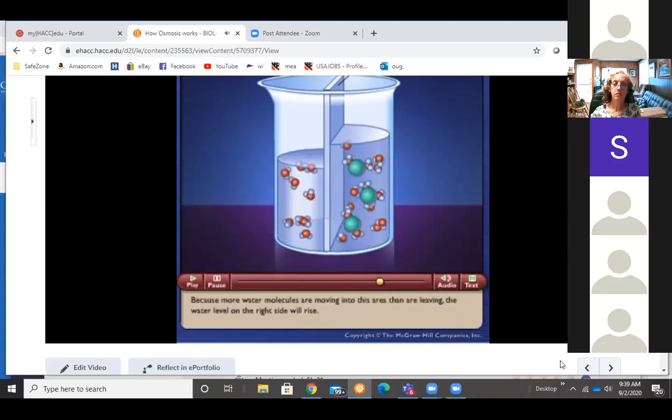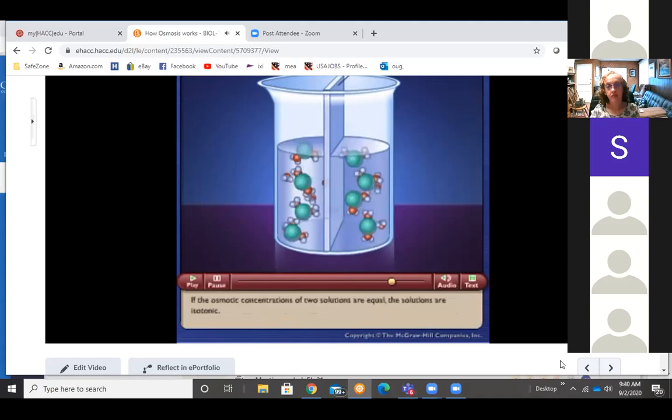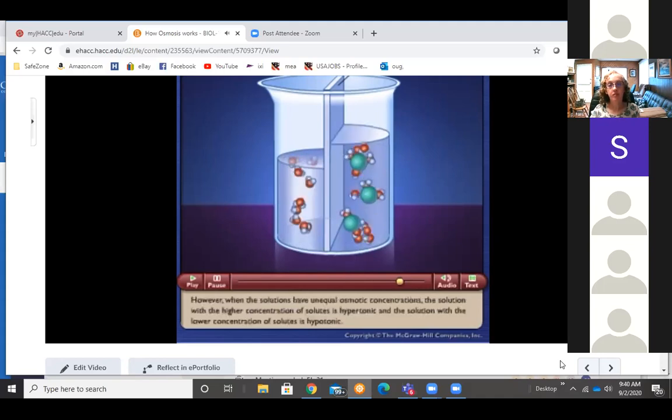If the osmotic concentrations of 2 solutions are equal, the solutions are isotonic. However, when the solutions have unequal osmotic concentrations, the solution with the higher concentration of solutes is hypertonic, and the solution with the lower concentration of solutes is hypotonic.